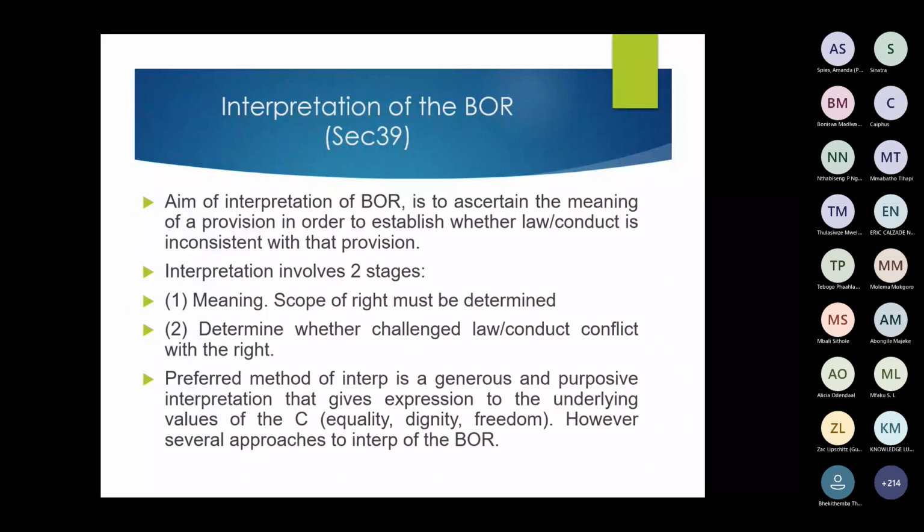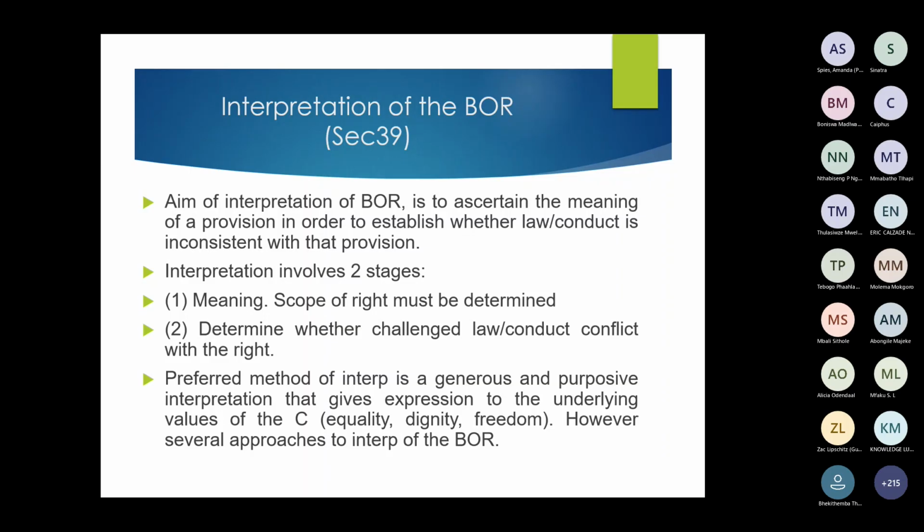So have a look at the text of section 39 of the Constitution. The aim of interpretation is to ascertain the meaning of a provision in order to establish whether law or conduct is inconsistent with that provision. It involves 2 stages. First, the scope of the right must be determined, and then you must determine where the challenged law or conduct conflicts with this right.